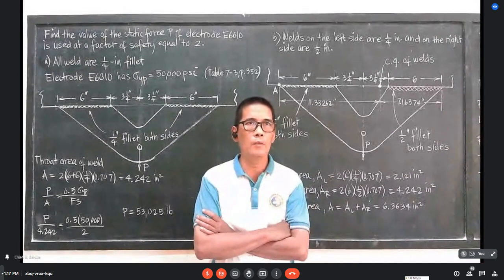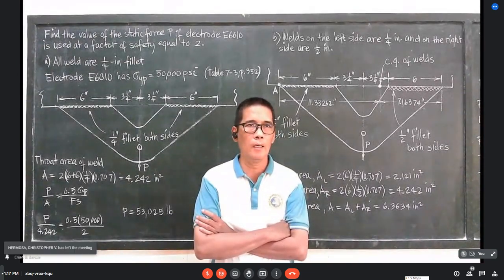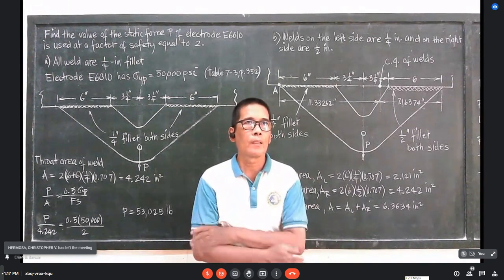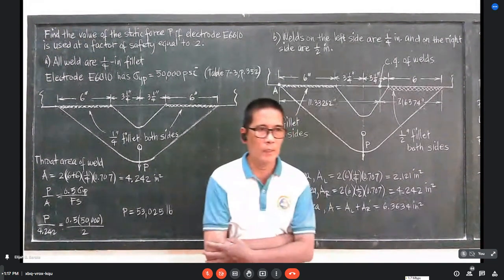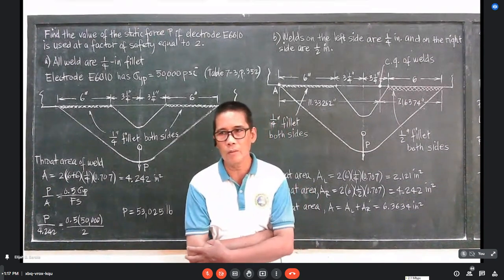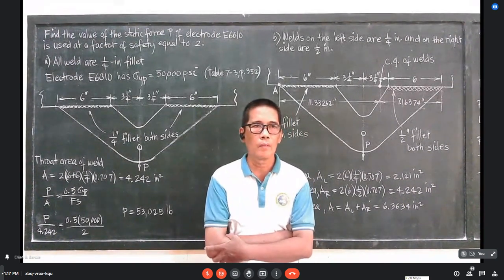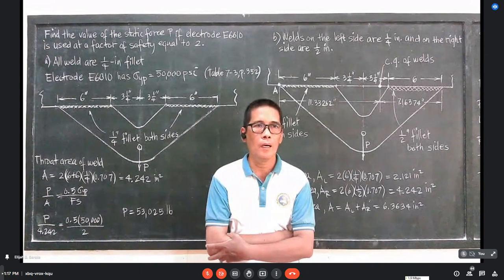For welded joints, just as a review: eccentric means the load does not pass through the center of gravity.